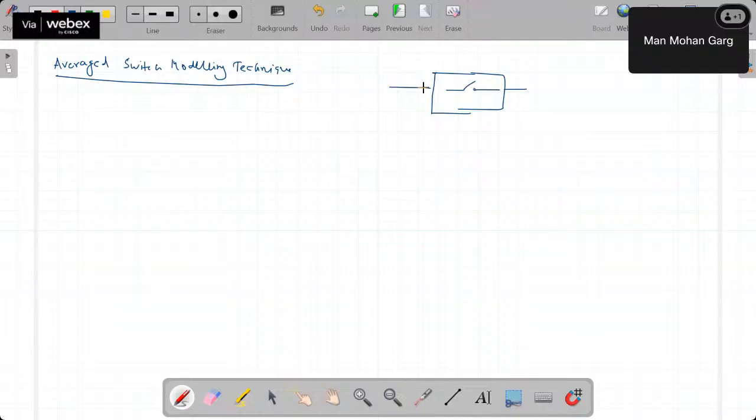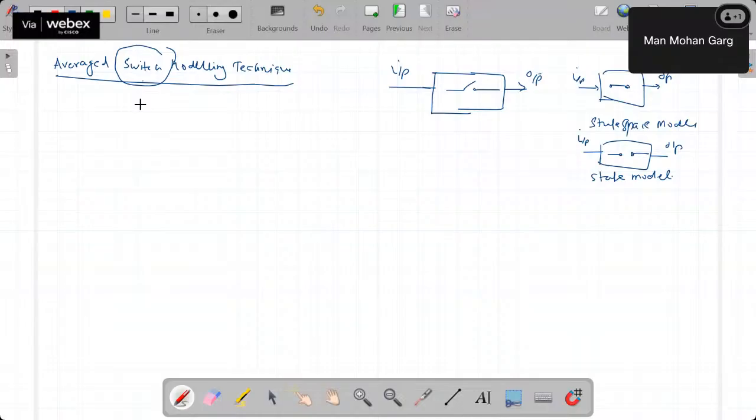But in this technique, rather than that, in the individual models we try to average the switch. So what is the meaning of averaging? Average the switch means that we try to find the switch voltage and switch current.